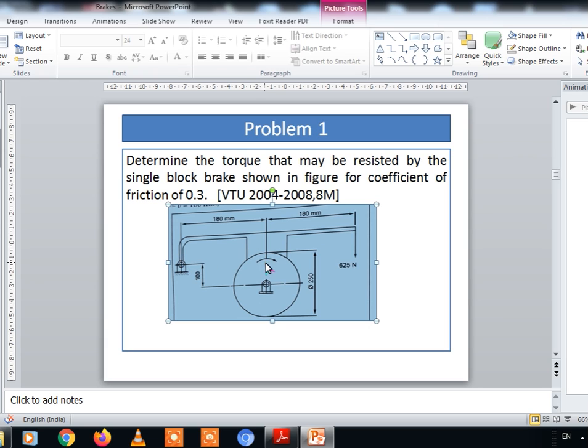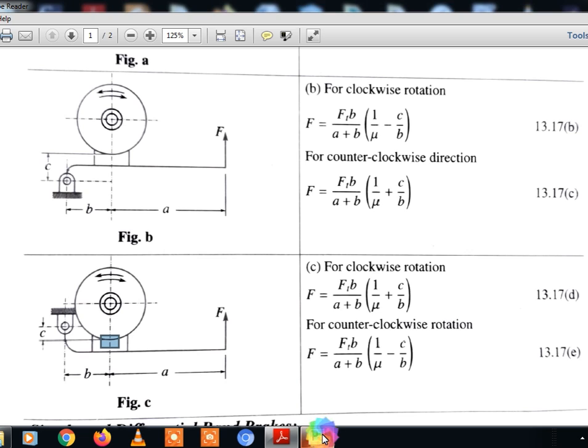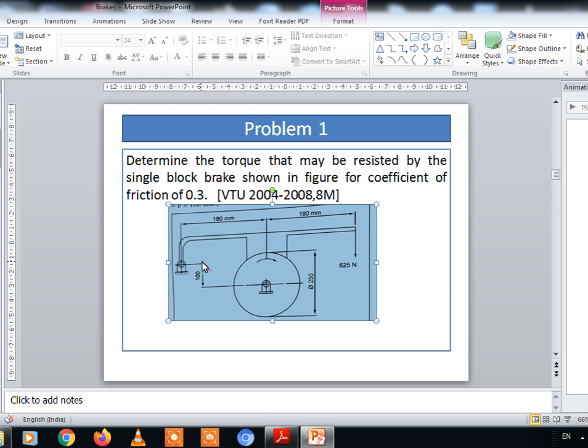So there will be some distance, and that distance we need to calculate. Since he has given the distance in the figure, we can calculate the remaining distance, and this will be your C value.